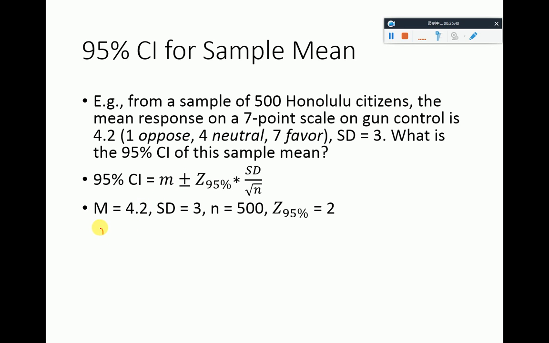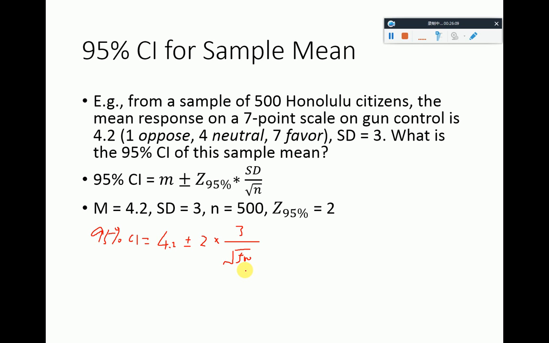The 95% confidence interval equals 4.2 plus or minus the z-score, which we know is 2, times SD, which is 3, divided by the square root of the sample size, 500.